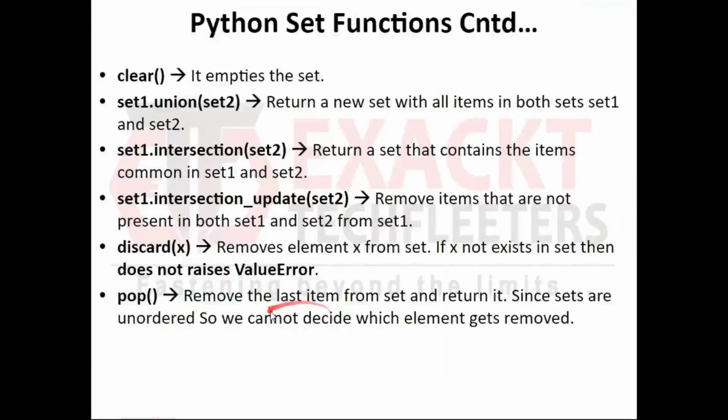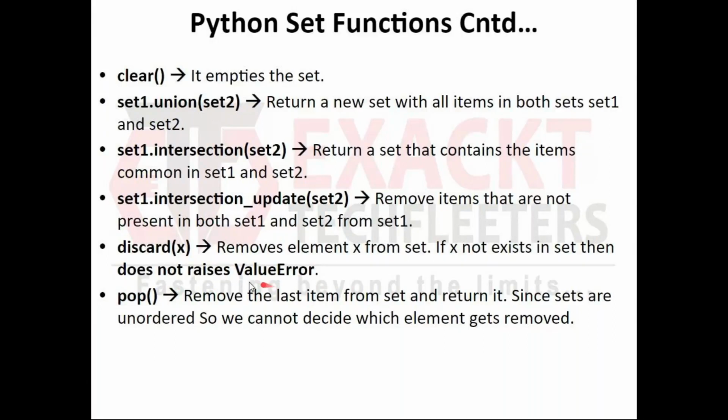Then there are two more functions, discard and pop. If you want to remove the last item from a set, then you can use the pop function. And if you want to remove any specific element, then you have to use the discard function.